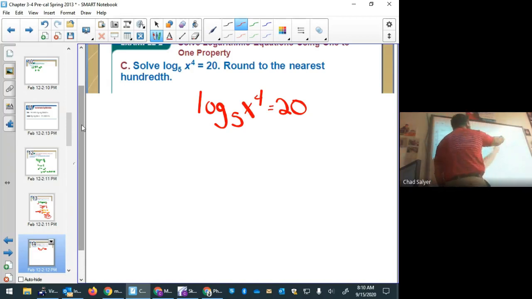So there's a couple approaches I can take, but I think probably we're going to lose some solutions if we're not careful. So if I bring this 4 out as a coefficient using the power property and then divide both sides by 4, I'm going to lose a couple solutions that way. So anyway, what I'll do instead is take both sides as a power of 5.